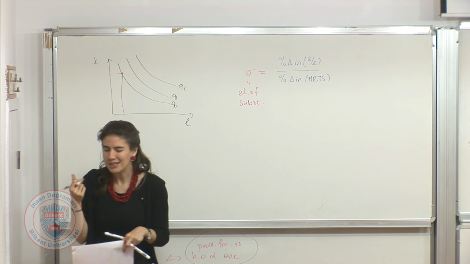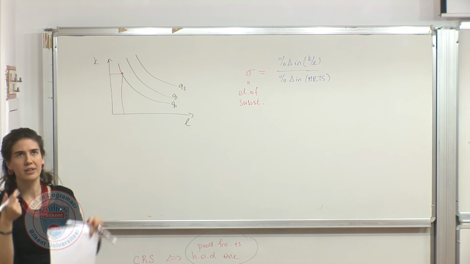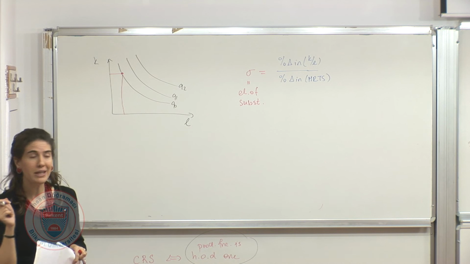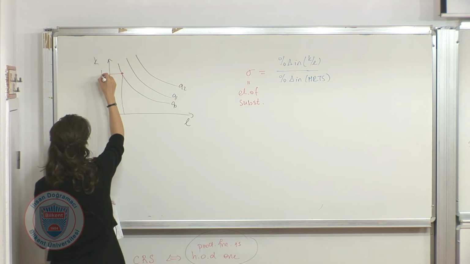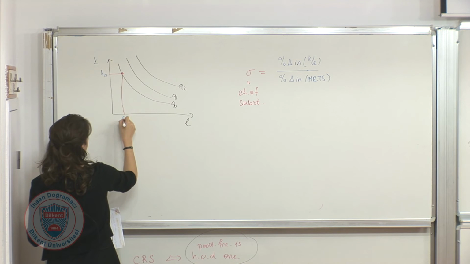It's actually easier to interpret this the other way around. Let's call this point KA, LA.